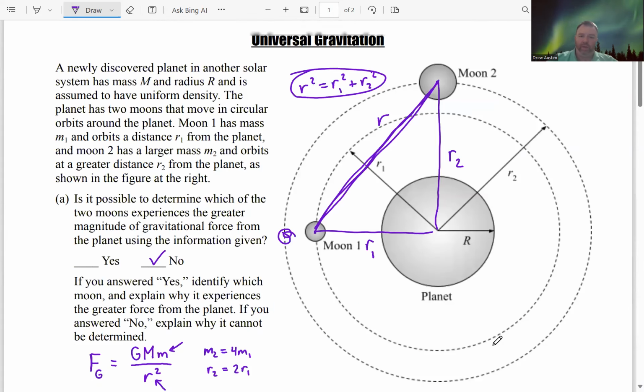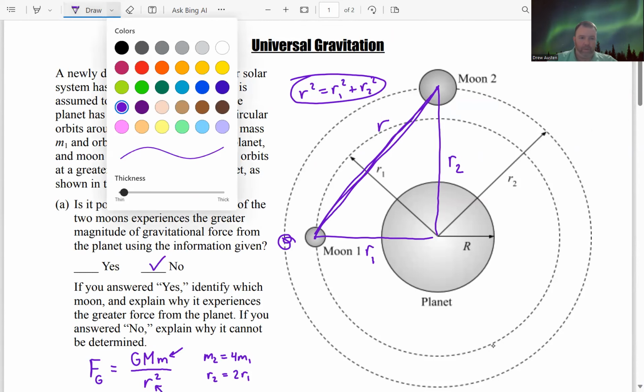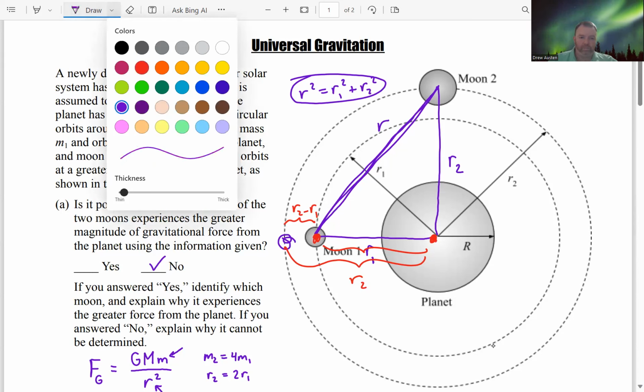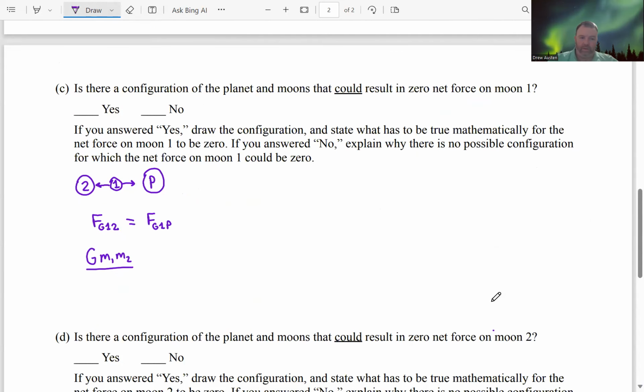If we go back to the diagram, when the moons are lined up, if this distance from here to here is R1, and the distance from here to here is R2, then the distance between those two moons would just be R2 minus R1. So in the denominator, this is going to be R2 minus R1, the distance between the two moons, squared.